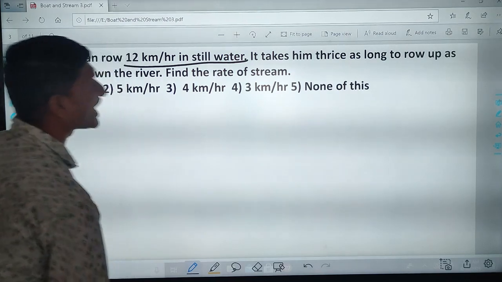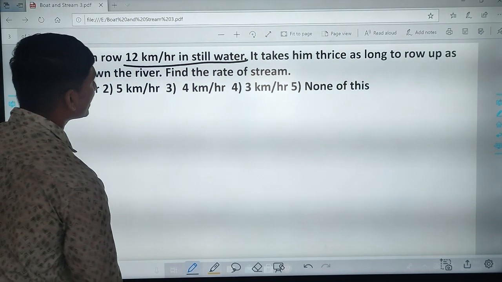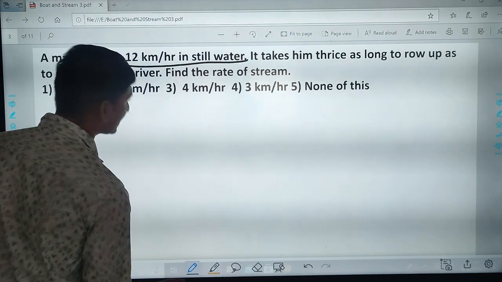It takes him thrice as long to row up as to row down the river. Find the rate of stream.